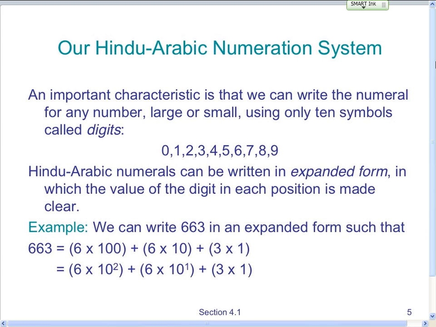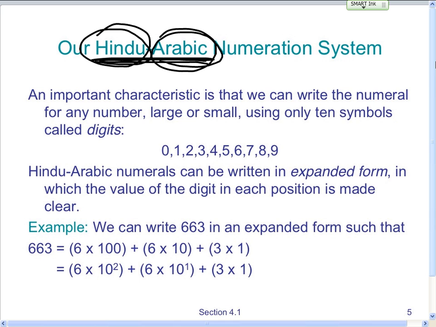All right. The number system that we use on a daily basis is called the Hindu-Arabic numeration system. We call it that because it started out in India, that's the Hindu part, and then it went to the Arabic countries, and that's the Arabic part.